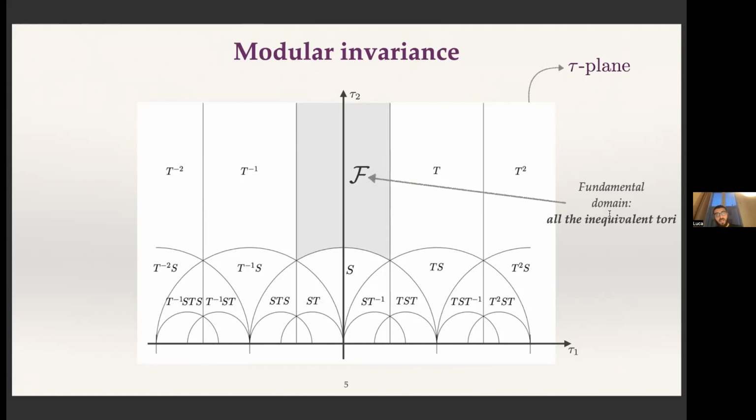So if we want to integrate on all possible inequivalent tori, we have to choose a fundamental domain. Every choice of this fundamental domain is valid. For example, in our conventions, I choose this gray zone here as our fundamental domain, but one can choose, for example, S or T or whatever. Every choice is perfectly fine and will lead to the same physics.